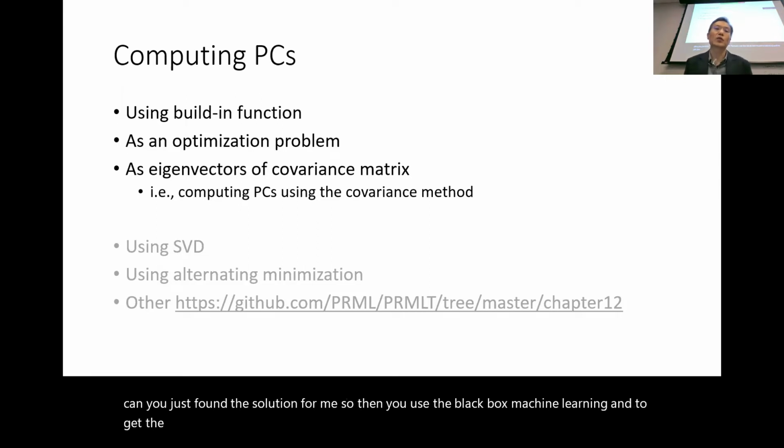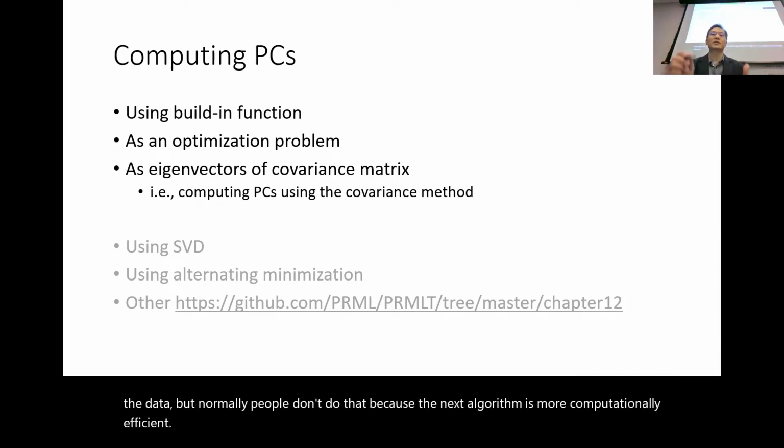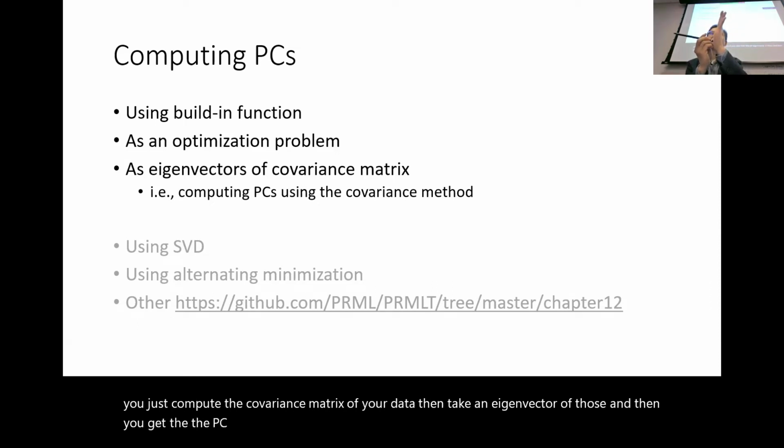But normally people don't do that because the next algorithm is more computationally efficient. You just compute the covariance matrix of your data, then take the eigenvectors of it, and then you get the PC coordinates.